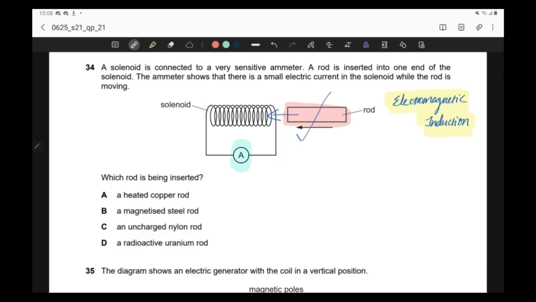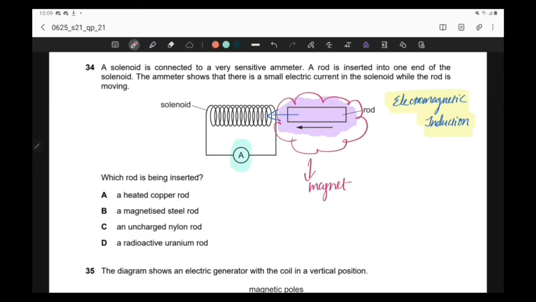We know that electromagnetic induction is a property in which electricity generates when magnetic field lines are cut. So this rod must be a magnet. If it is a magnet, when it is inserted inside the solenoid, its field lines will get cut. As a result, there will be an induced EMF, or a current generating, and the ammeter will show some reading. So the condition for this is that the rod must be a piece of magnet.